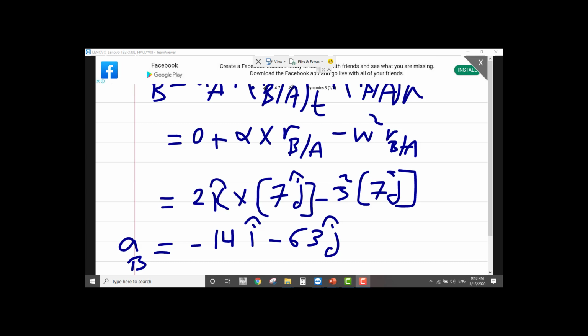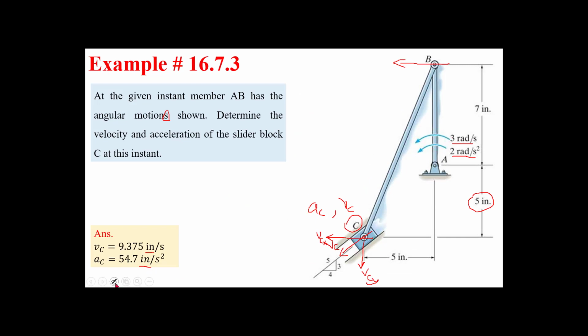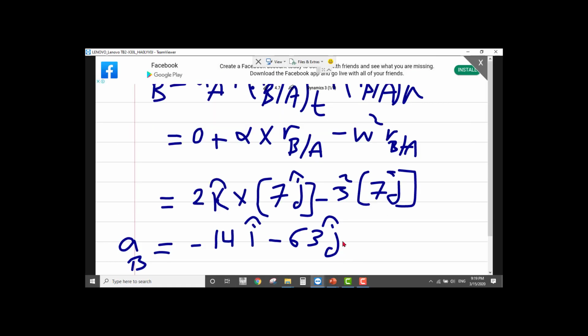Okay, and again you can easily tell that point B, if it rotates like this, has tangential acceleration AB tangential in the negative i direction and the normal component in the j direction. Okay, so our answer is correct. But keep in mind that the unit of this answer is inch per second squared.